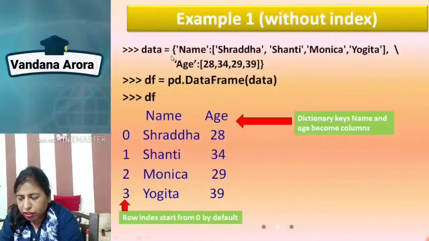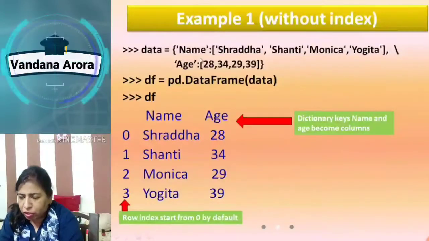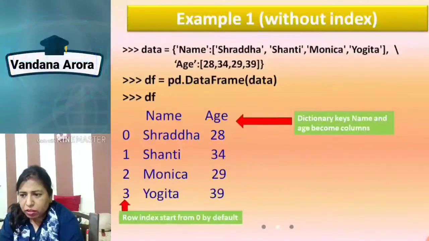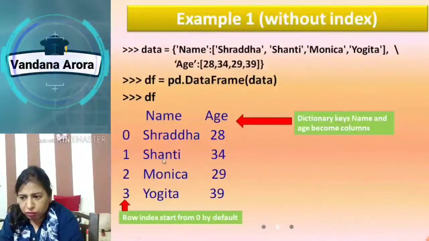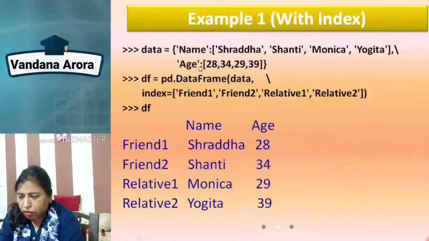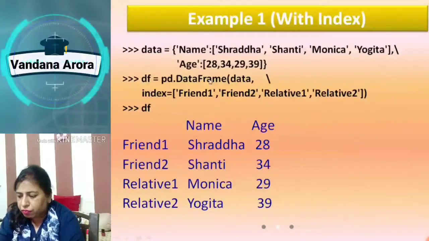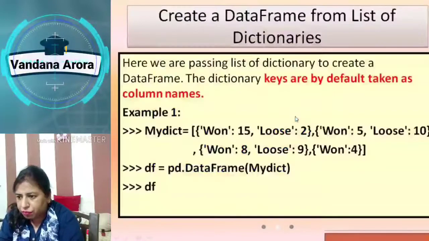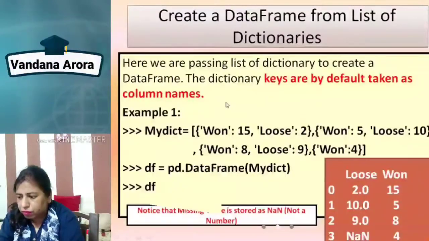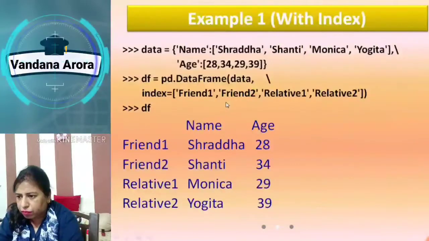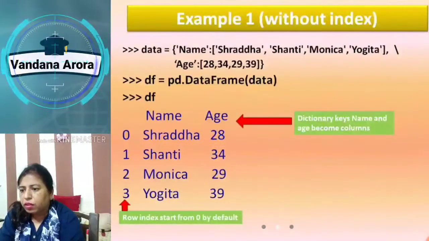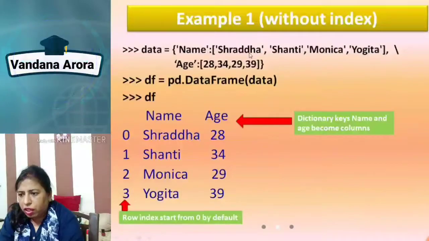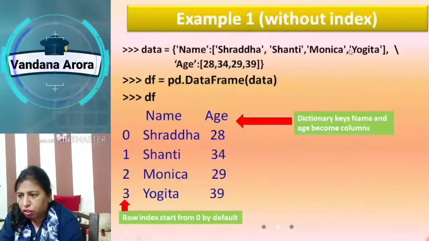You can see that, as you know, a dictionary is a key colon value pair. It means name is my first key here, and age is my second key. Name is my first key and Shraddha, Shanti, Monica, Yogita.